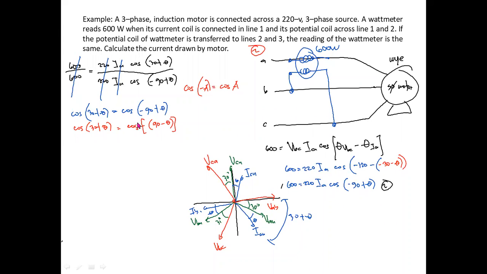Therefore 30 plus theta is equal to 90 minus theta. Since they have the same trigonometric function, we can equate the two angles. So 2 theta is equal to 60 degrees, or theta is equal to 30.